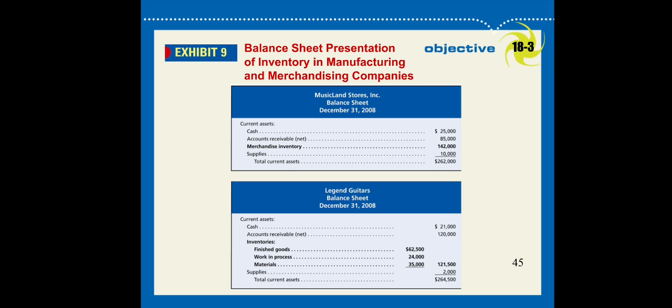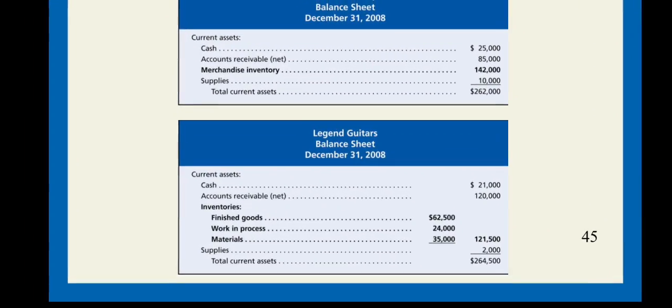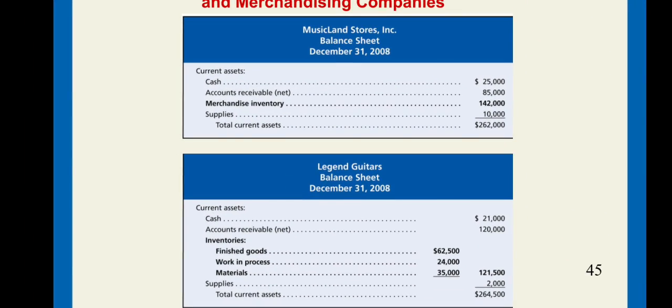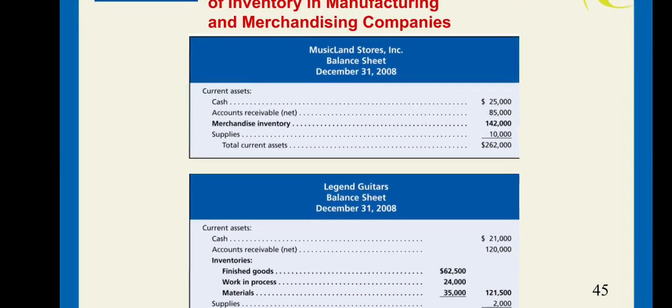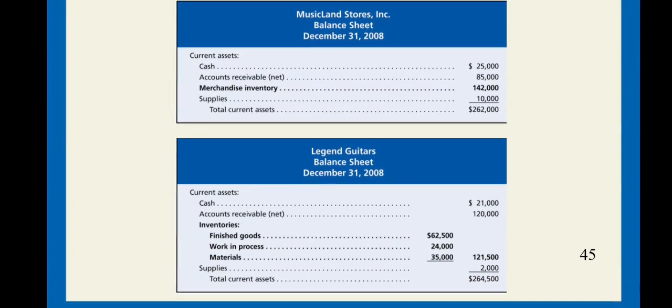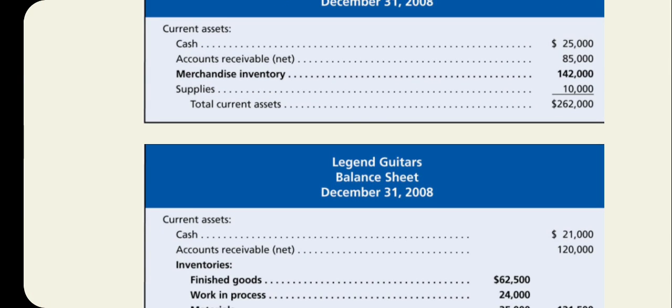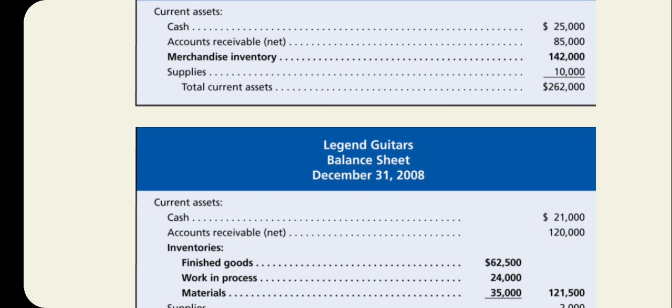Okay, this is the last thing that you have to learn in this topic. This is not new. This is the balance sheet for a manufacturing business and for a merchandising business. You know this before. If you look at a balance sheet for a merchandising business, the business will have only one type of inventories.